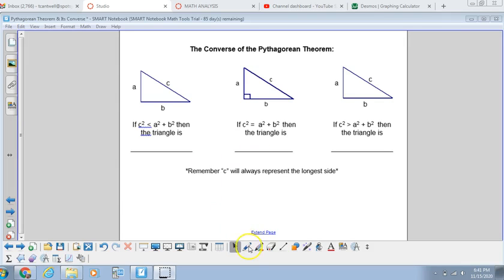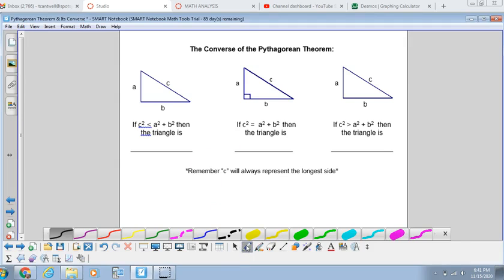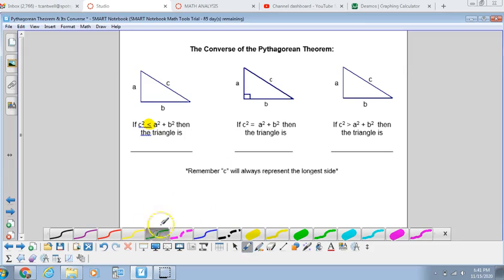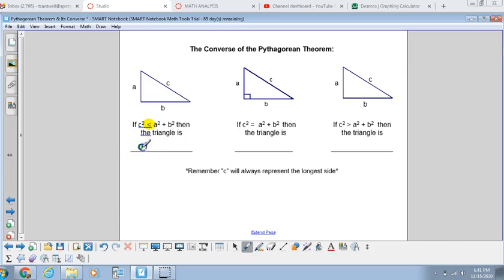Now, it's important to note that it's easiest to remember this if we put it in terms of c squared coming first. So we have some rules right here that state if c squared is less than a squared plus b squared, then we have an acute triangle.